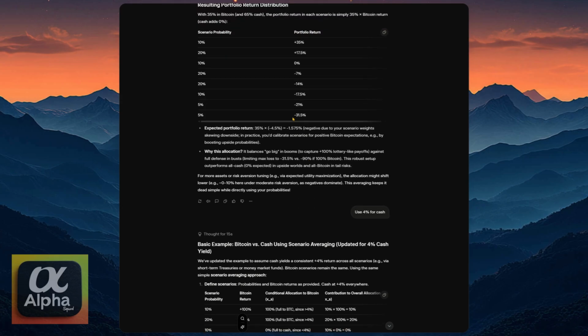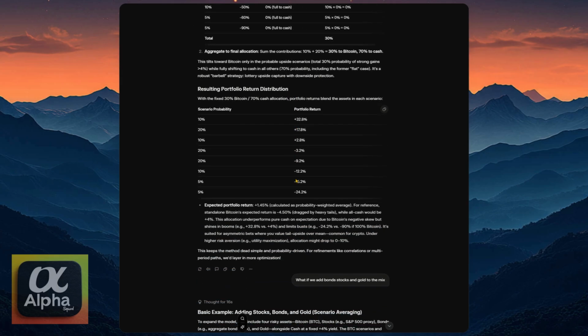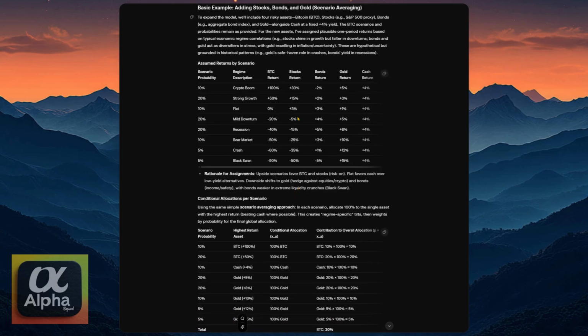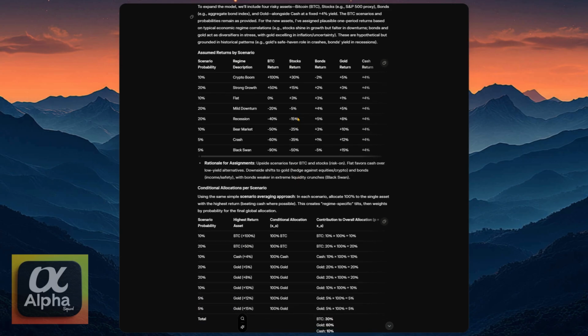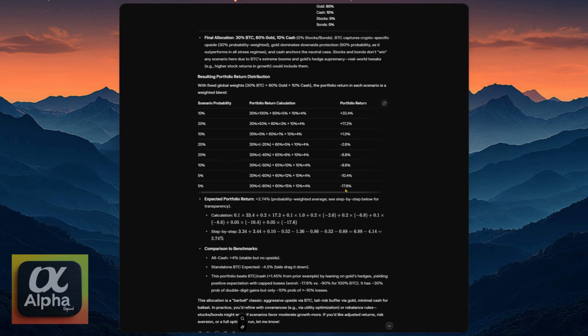We were down at minus 30. So the worst case scenario, Bitcoin drops by 90%, my portfolio is down 31%, 31.5. If I earn some return on my cash, it goes down to 24. And now if I add gold to my composition, then my downside is reduced to 17.6% based on historical standards.